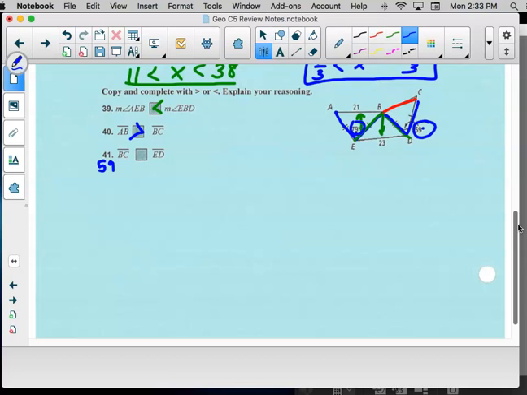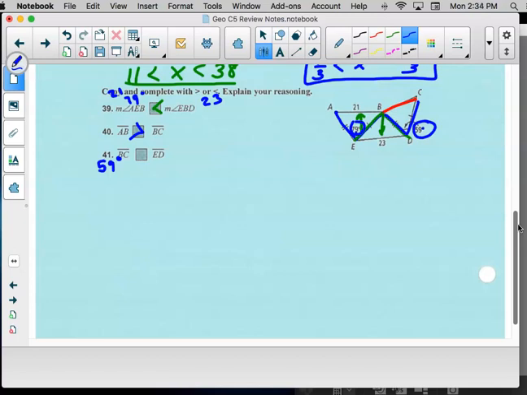Now they ask in this last one, 41, segment BC, which is across from 59, and segment ED. So this is 59 degrees, but keep in mind that EBD was across from a 23 segment, AEB was across from a 21 segment, and AEB was 79 degrees. The reason I'm bringing those back in is that EBD is across from 23, and that's ED, and we determined that EBD is a larger than 79 degree angle.